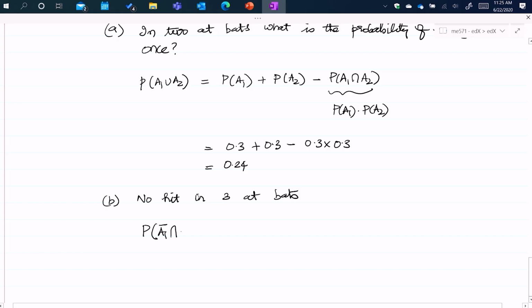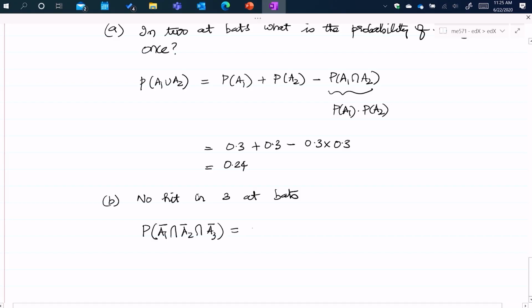Since we are defining events through 'and', we need to put the intersection: the player would not hit in the second at-bat, and would not hit in the third at-bat.